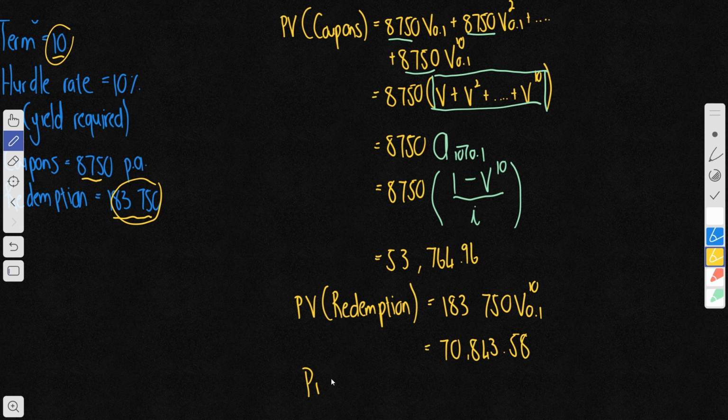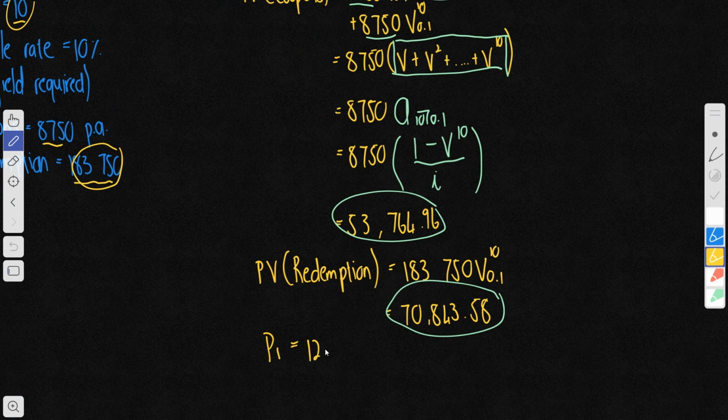Finally, the price that the investor is willing to pay for this investment is then calculated by adding the present value of the coupons to the present value of the redemption payment. Adding these two yields a present value of 124,609 when you round it.